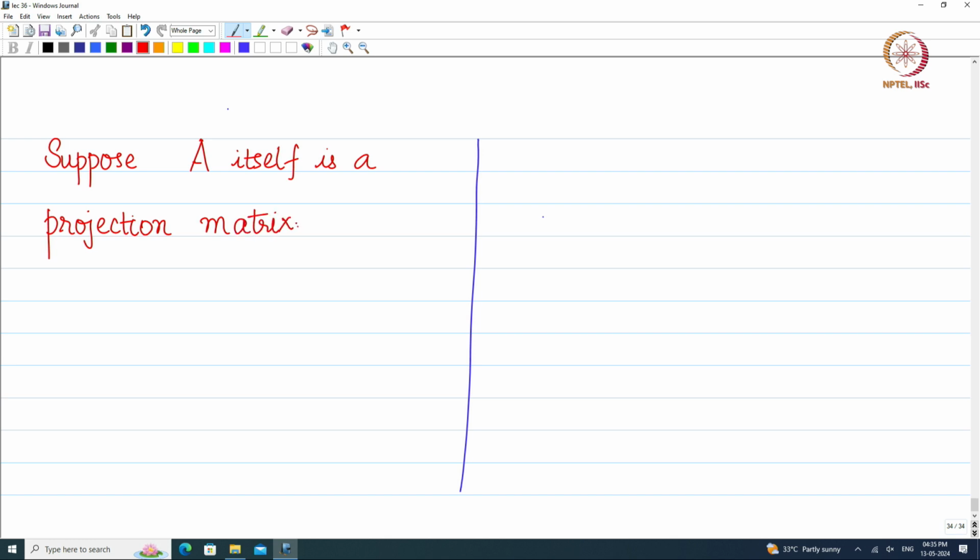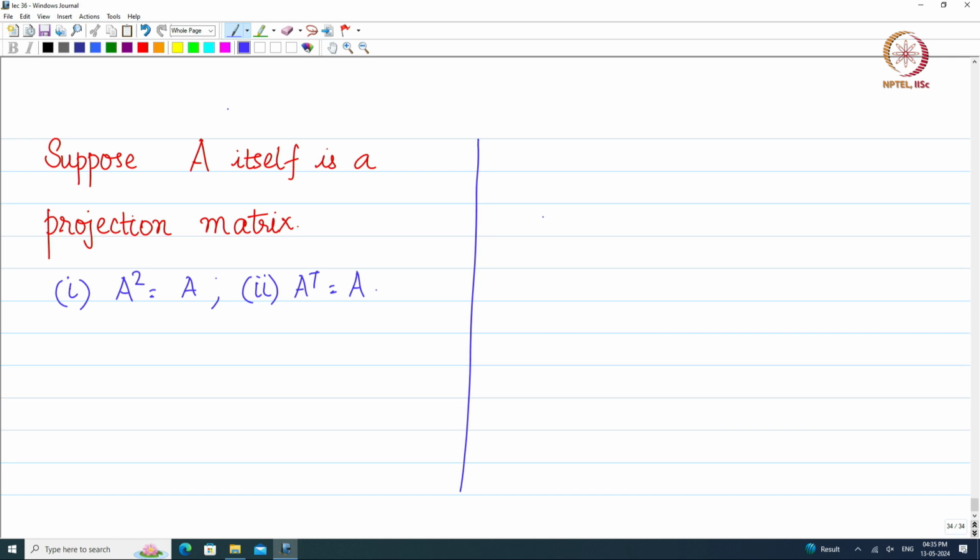That simply means if you want to project any vector onto the column space of A, use A itself as the projection matrix, right. So, what does this mean? Two things. The first thing is A square is A, and second thing is these are the properties of projection matrix. A transpose is equal to A.